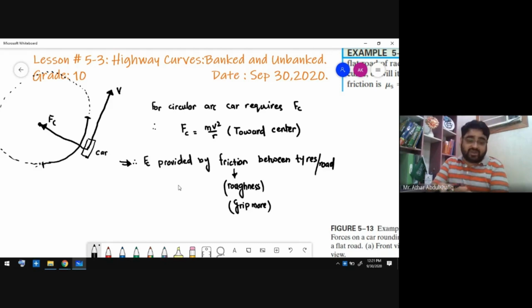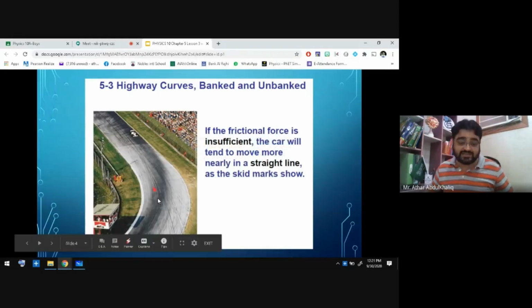If the tires are flat, if tires are worn out, or if the road is slippery because of ice or wetness, the car will skid away, and you can see it like this. The car will in the general case move toward this, but if it doesn't have the necessary friction, the centripetal force will be removed, the friction will be removed, and the car will move away from the road.